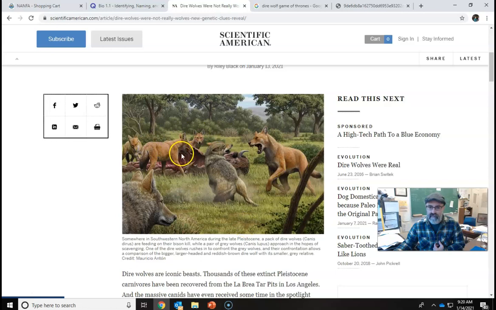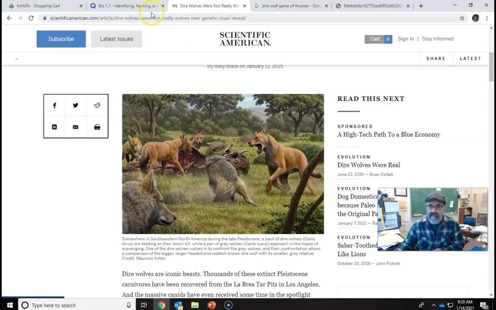Okay, so the dire wolves will be these larger ones. Here's the gray wolves, and they look similar. So the assumption was they were closely related, but this new research indicates that dire wolves are a totally separate evolutionary branch of the mammal tree, and that they convergently look similar because they had similar lifestyles, similar niches.